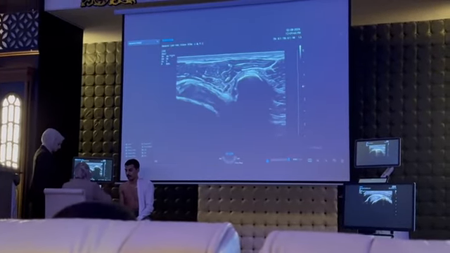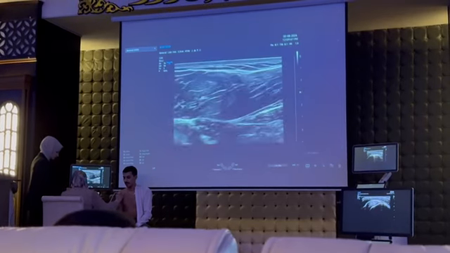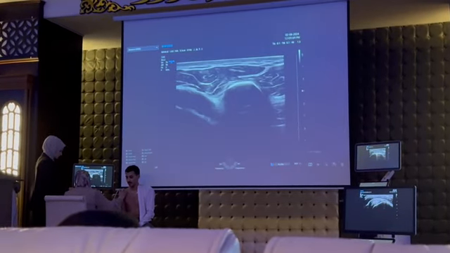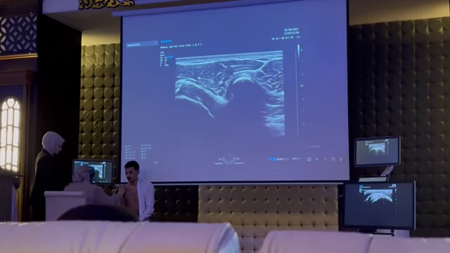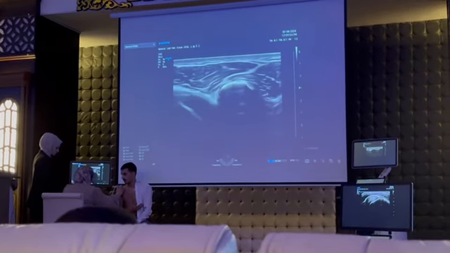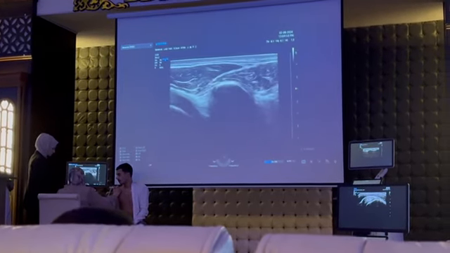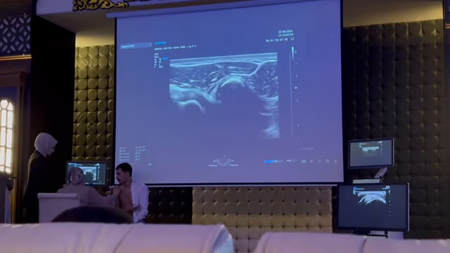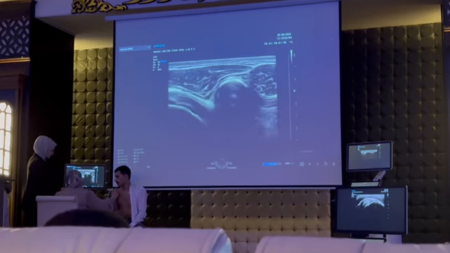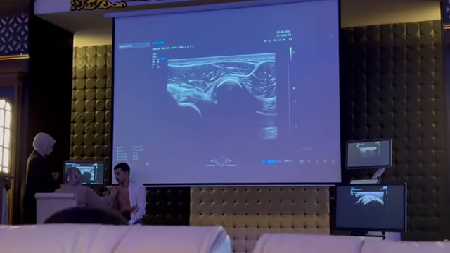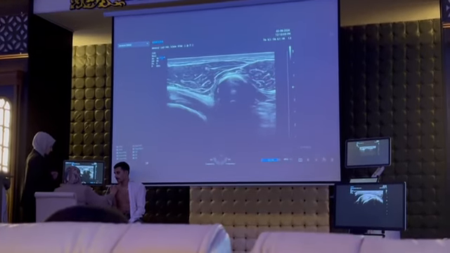Doing exam of the subscapularis, ask the patient to do internal and external rotation. So now this muscle comes out, this muscle comes in. This is called subscapularis muscle impingement.